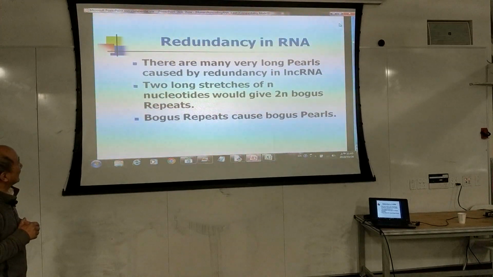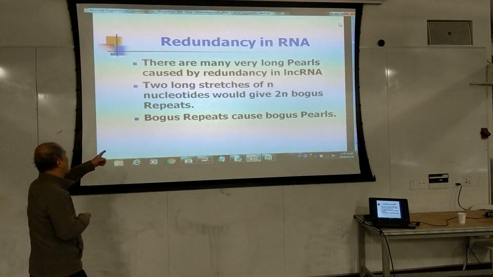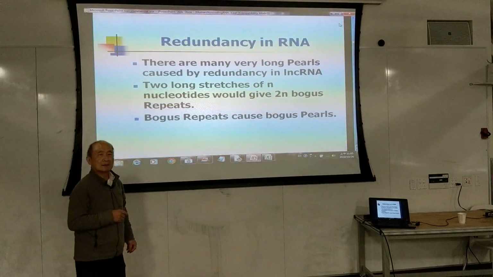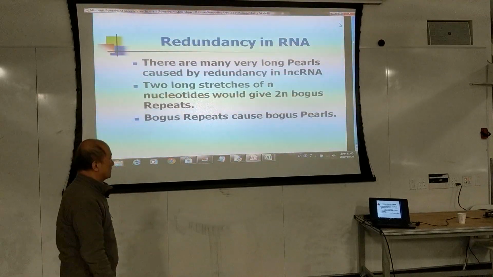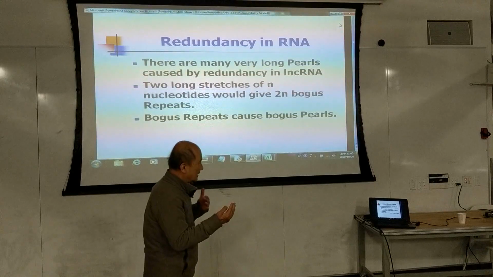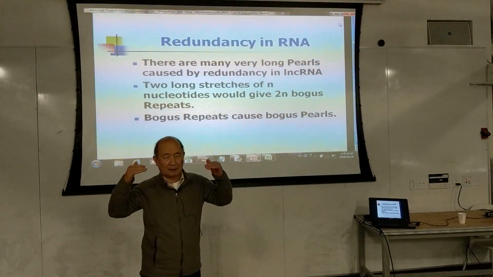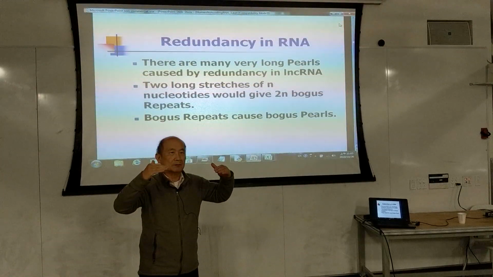So they may or may not be valid pairs. I have to find the duplicates. If I have two of these long stretches, I have to eliminate one of them.